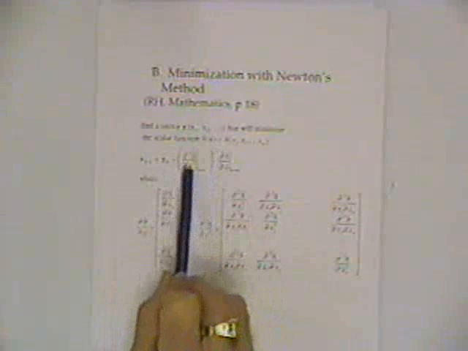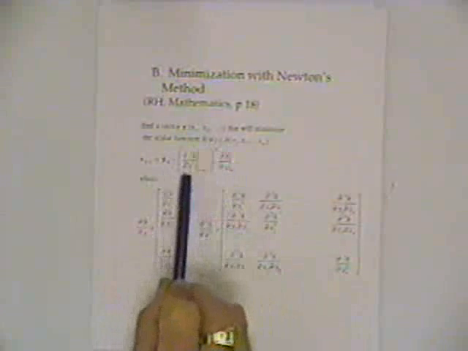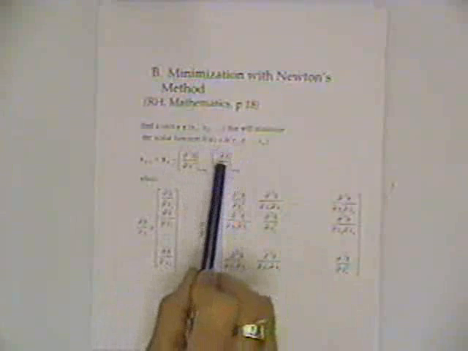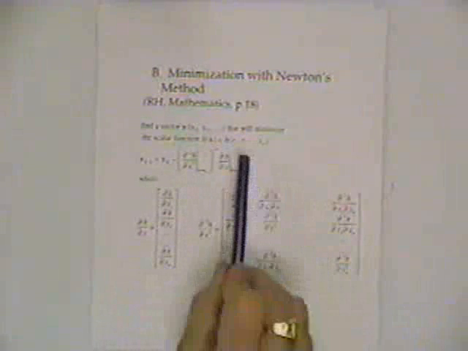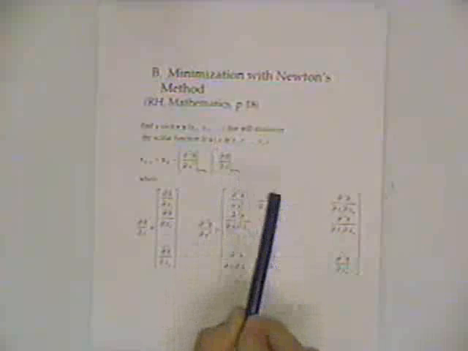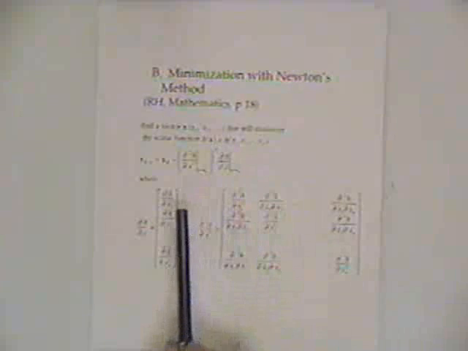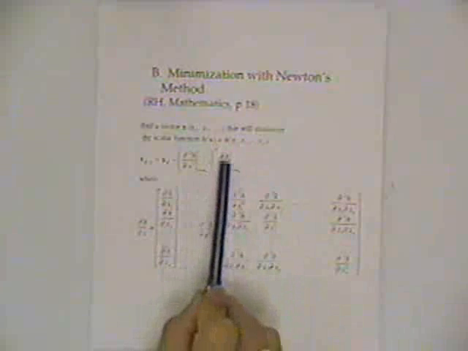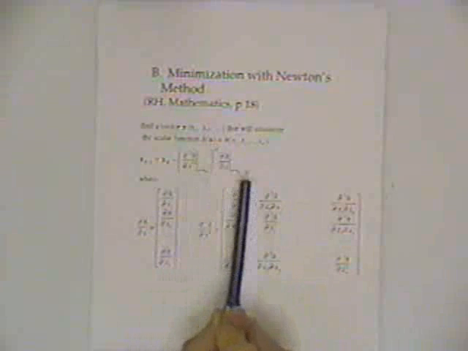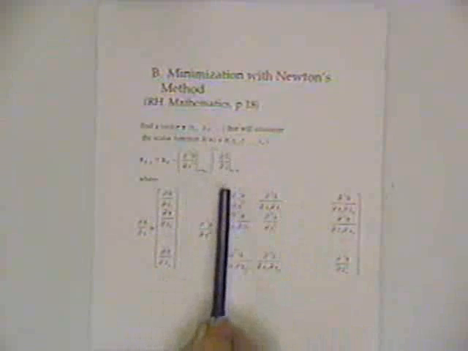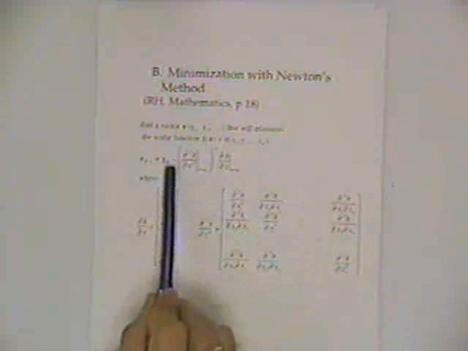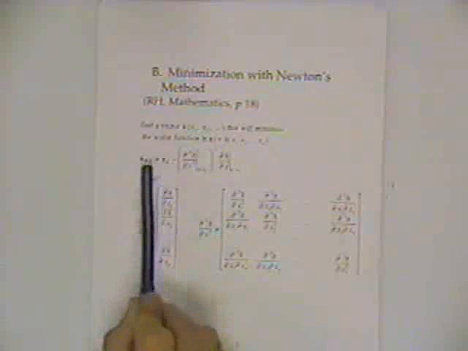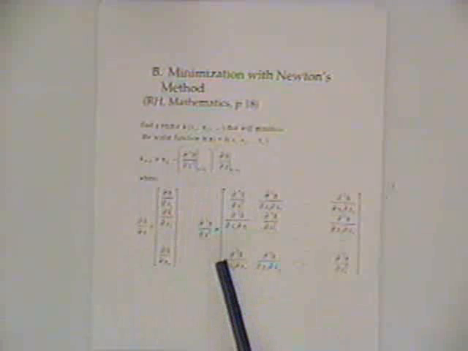And then what you see in this term is something that can be calculated. It is the inverse of this matrix multiplied times this matrix. All right? So what you have here is a matrix multiplication between the inverse of this matrix and that matrix, which will give you a vector which you subtract from the vector of old values of x to get the estimate for the new value.